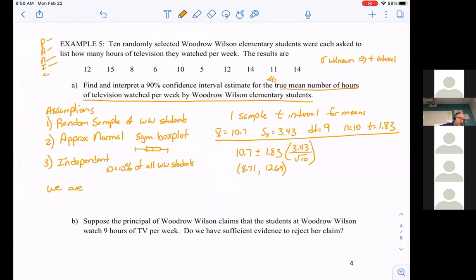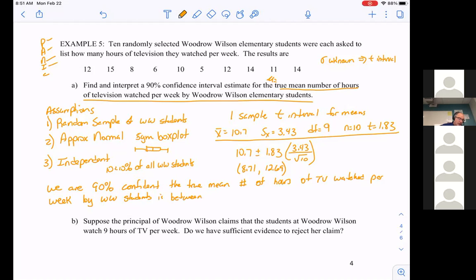We are 90% confident the true mean number of hours of TV watched per week by Woodrow Wilson students is between 8.71 and 12.69 hours.